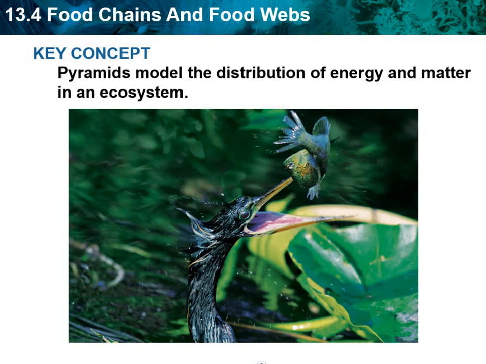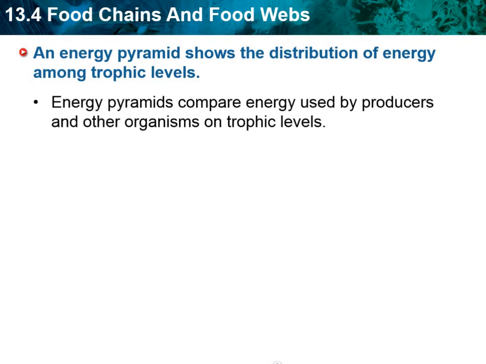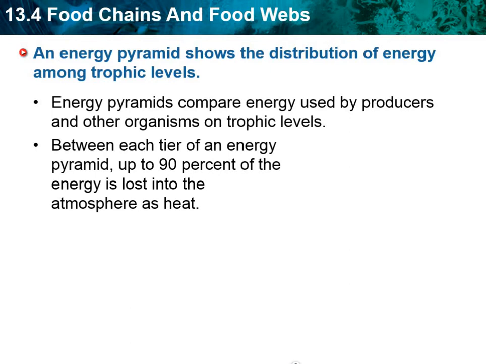So moving on to section 6, which looks at how energy moves in an ecosystem. We look at that through what are known as energy pyramids. The pyramids compare energy used by producers and other organisms in the trophic levels. Between each tier of an energy pyramid, up to 90% of that energy is lost as heat to the atmosphere.